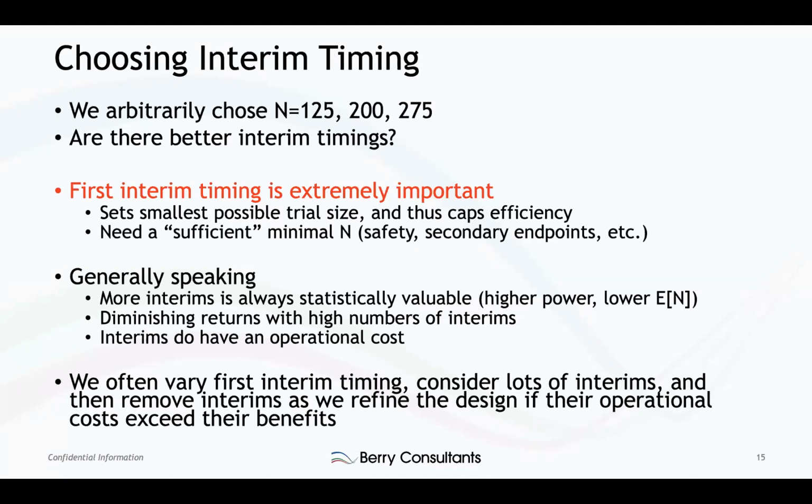I haven't talked about futility yet at all, of course, but that's coming on the next slides. But certainly you may want to have earlier interims that only consider futility and save the success stopping for later. If I interpreted that correctly. That's correct. Yes, thank you.